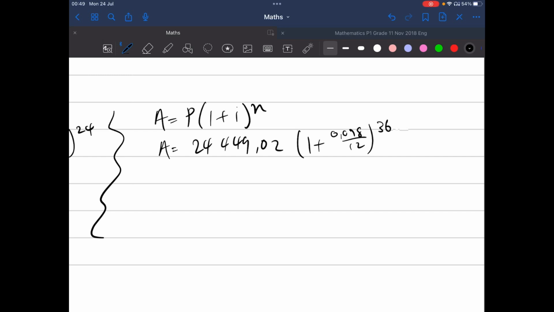Okay, punch all of that into my calculator. So I'll use that same answer from before, 24,449 times (1 + 0.078/12), all to the power of 36. And that gives me 30,871 rands and 48 cents.